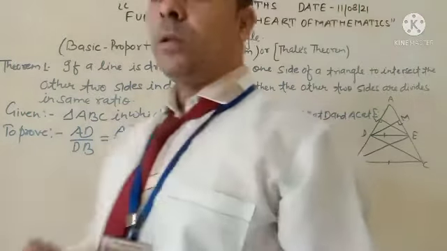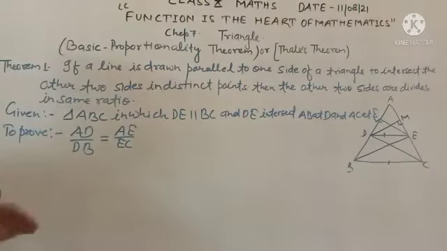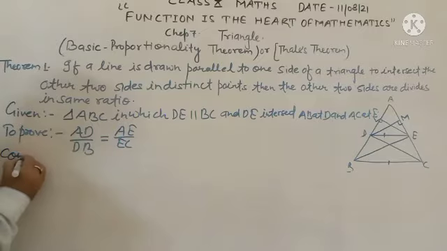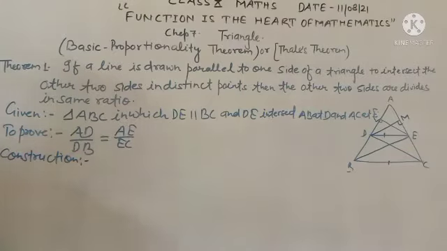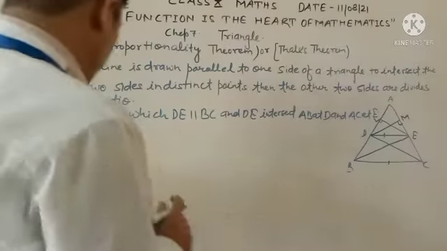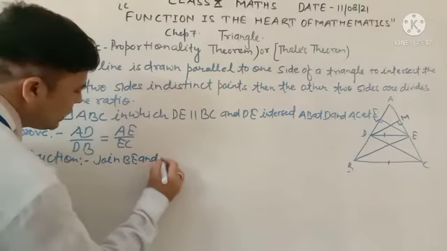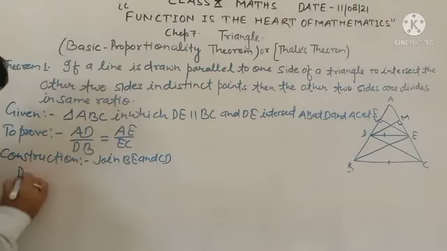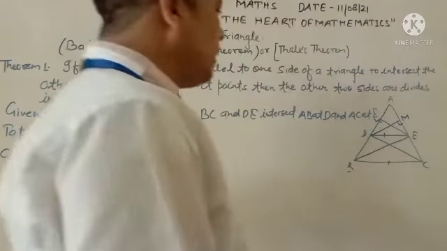So what do you do here? You have to write down in the step of construction. Construction means: firstly join BE and CD. And next, draw EL perpendicular on AB.